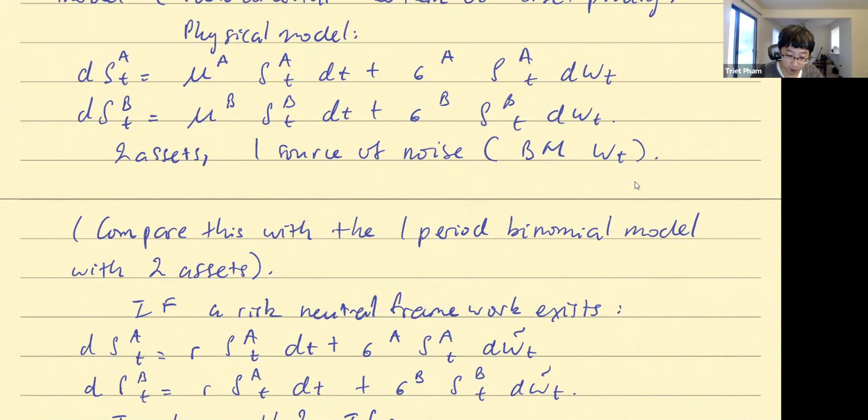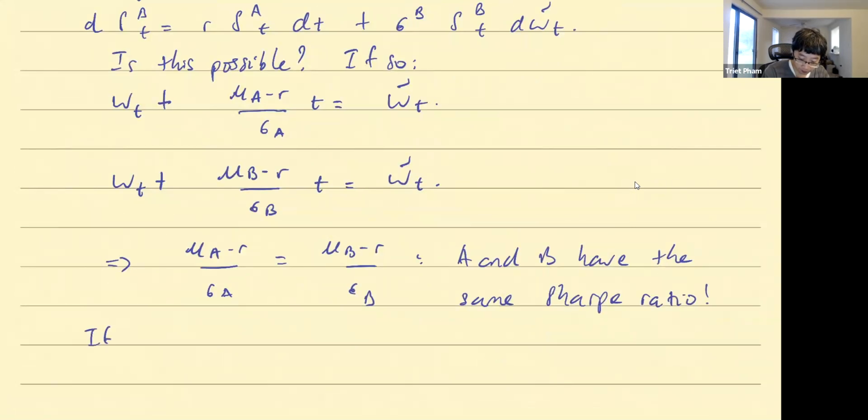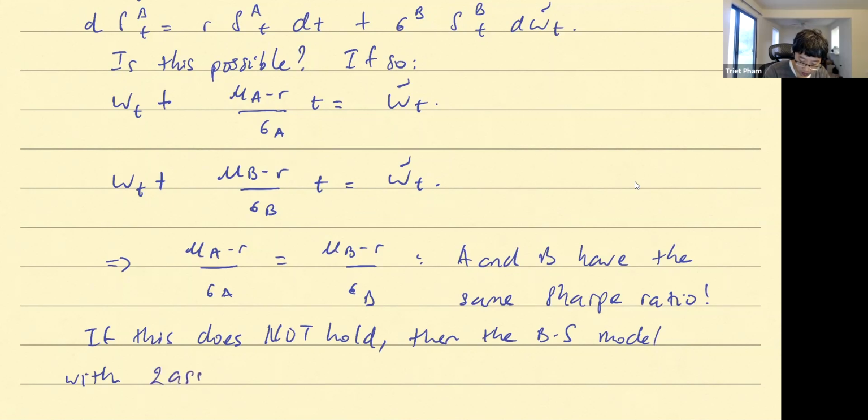If this does not hold, then the Black-Scholes model with two assets and one source of noise is not arbitrage free.